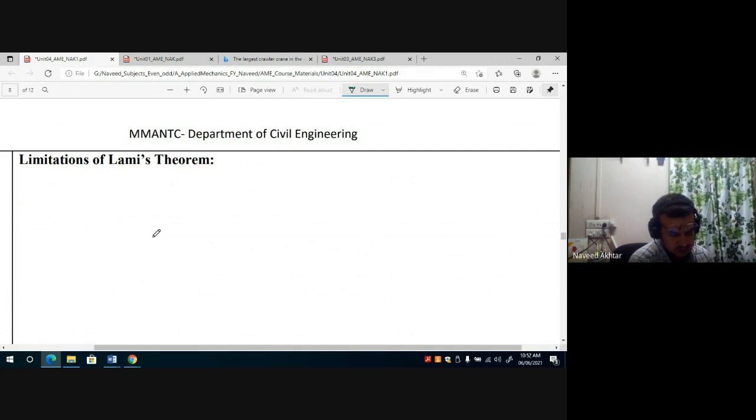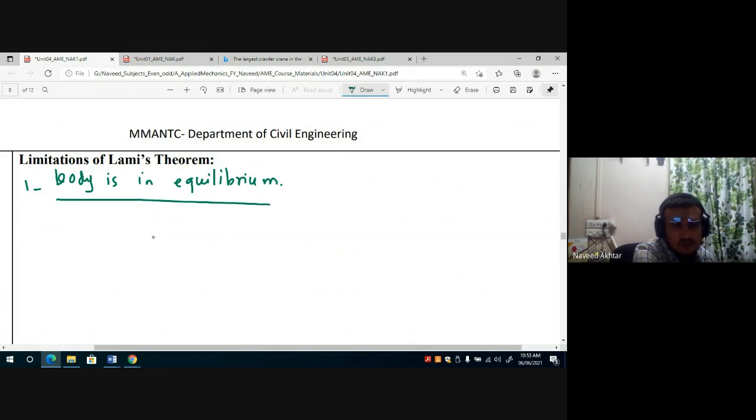Limitation of Lami's theorem is applicable only, पहला अगर हम बोलें तो the theorem is applicable only if the body is in equilibrium. Otherwise, this theorem will not be applicable. So Lami's theorem is applicable only if the body is in equilibrium.